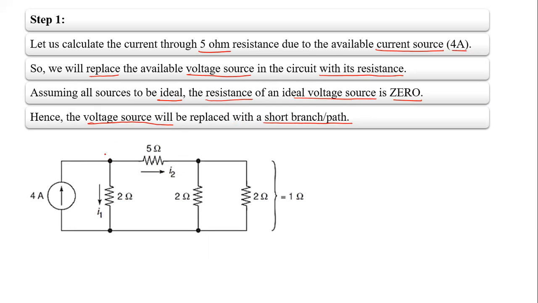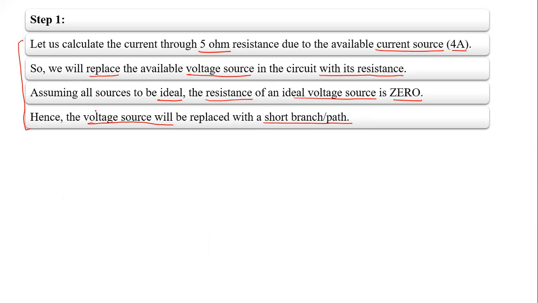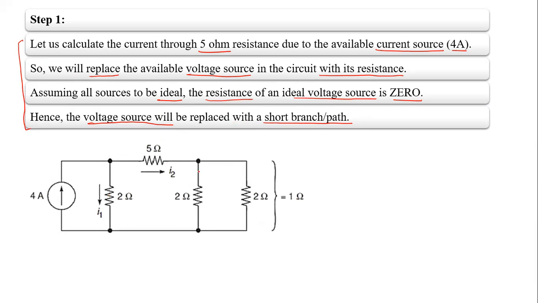Now redraw the circuit. After applying these steps on the circuit shown previously, we can redraw it. So this is A, B, C, D, E, F, G and H. Our purpose is to find the current through the 5 ohm.